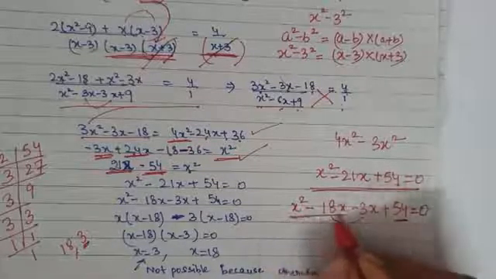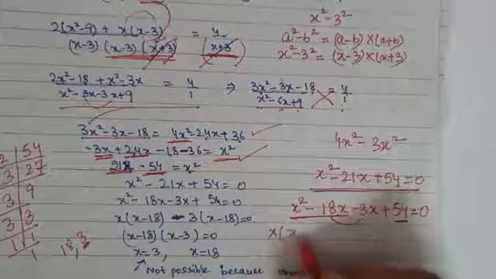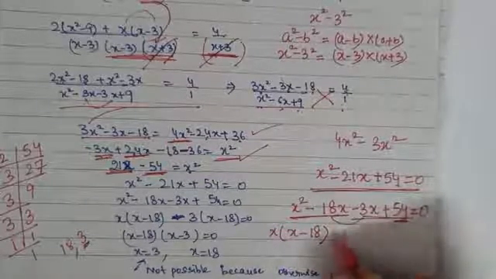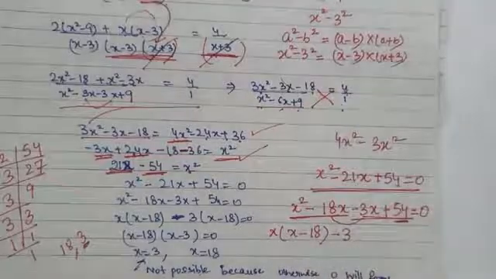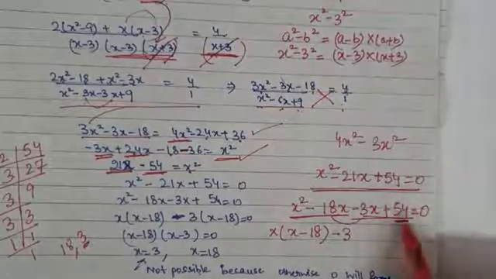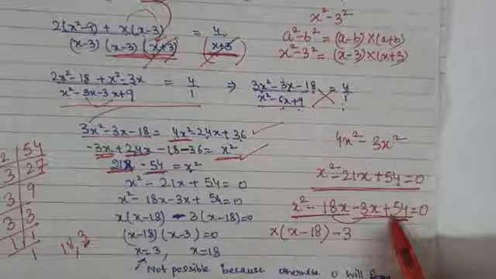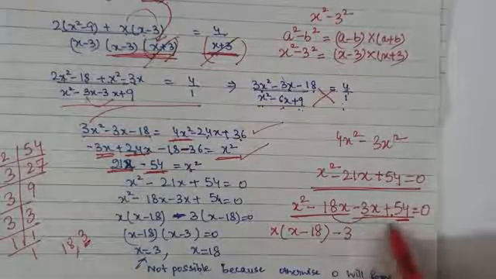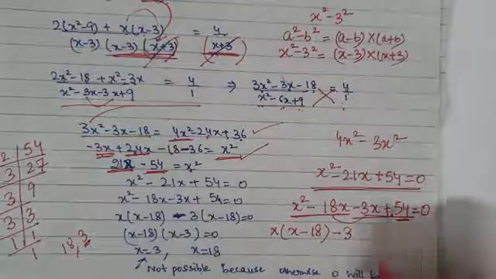Now common x minus 18. Now minus 3 I am going to take common. Why? Because I need the negative sign here. And only if I take the negative sign common, then the internal signs will change.